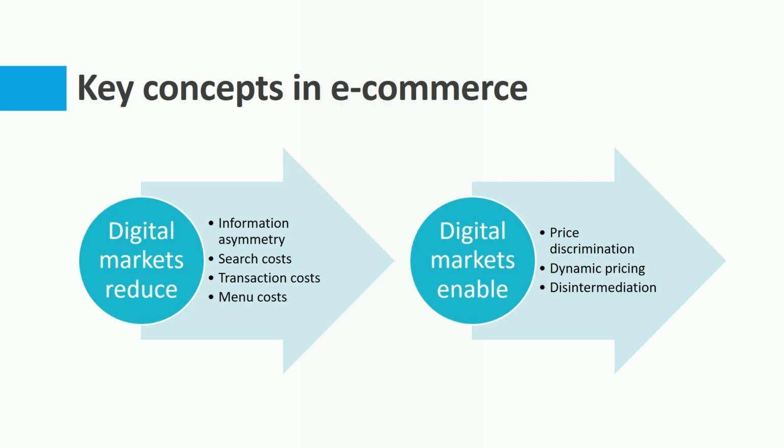And digital markets are more transparent than the traditional ones because consumers and suppliers can see prices and compare them easily. With reduced search and transaction costs, online markets are more efficient and flexible, allowing for dynamic pricing based on the demand.